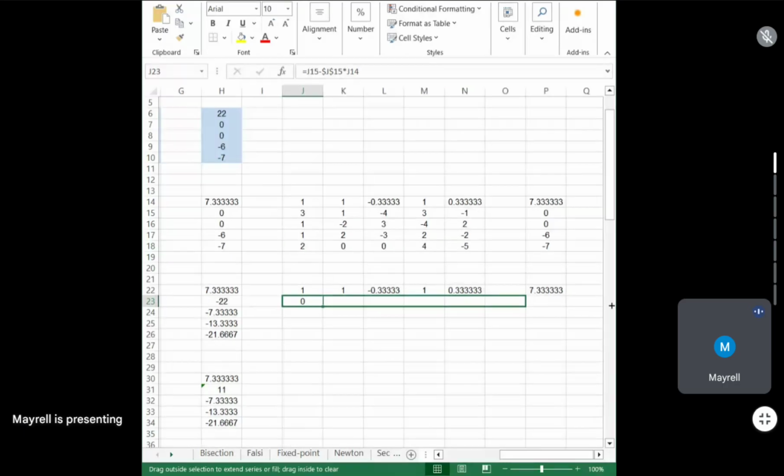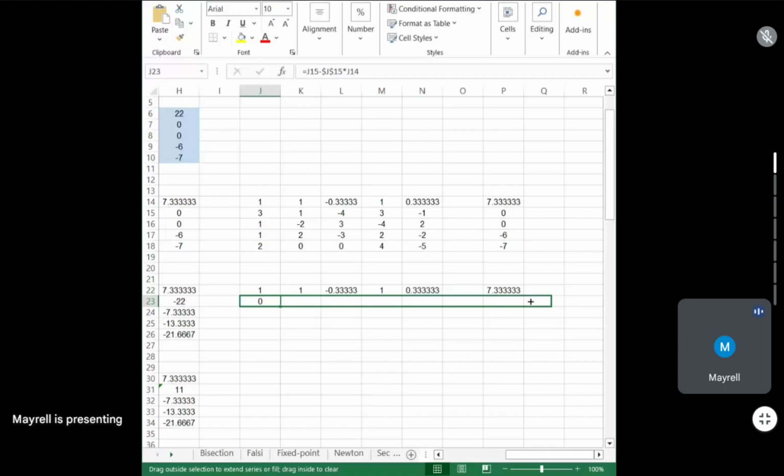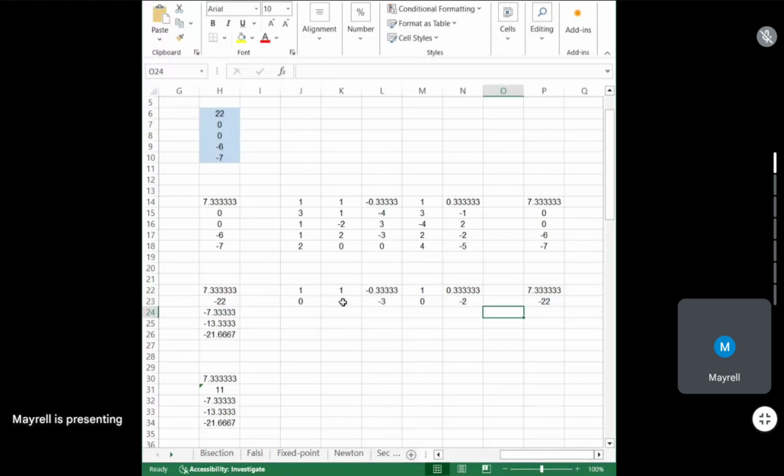Okay, so muna siya. So what happened? So dili mag-move ang kaning J15, that's the element in A21. Okay, so di na siya mag-move while the other values na itong gamiton, move siya.